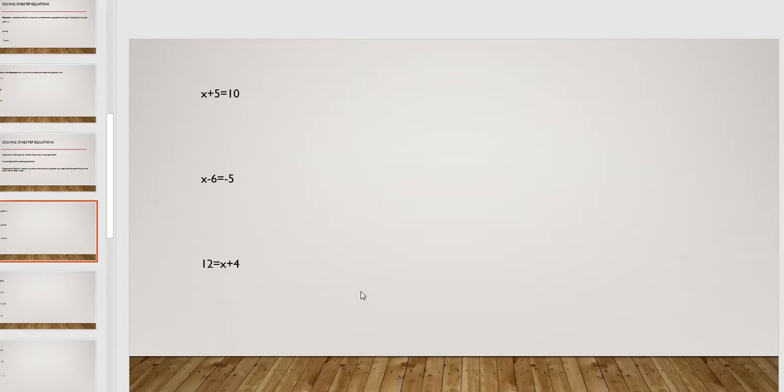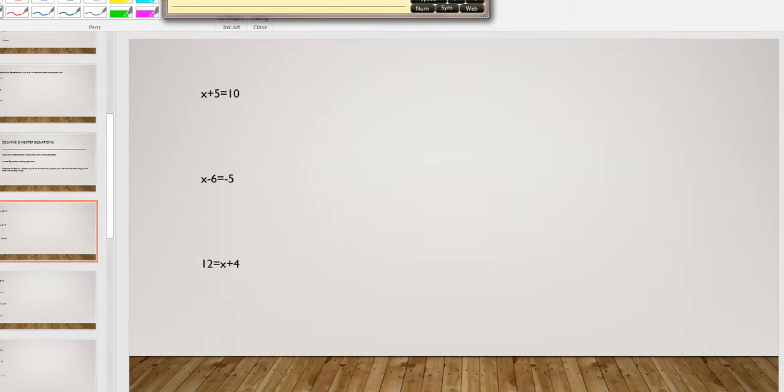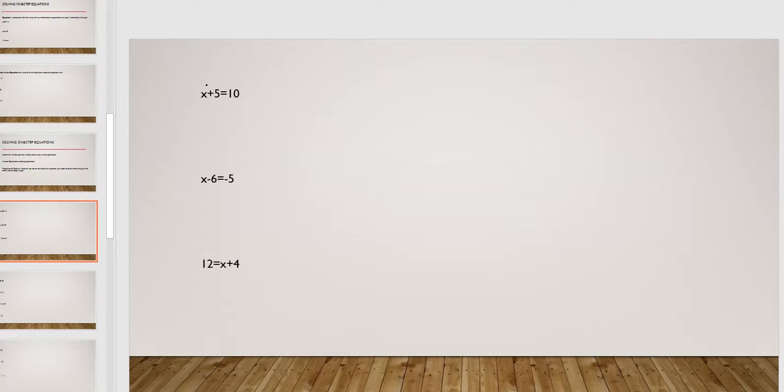Okay, so let's look at these three that I gave you earlier, and let's use our system for solving an equation. So we need to isolate the variable. So here's our variable x, by using inverse operations to get rid of any operation that's been done on the same side as the variable.